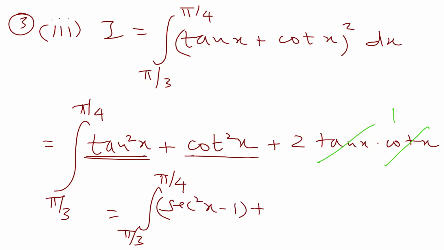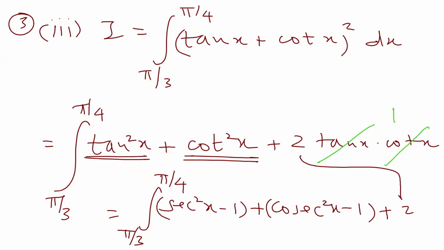Cot square x is cosec square x minus 1. Plus 2, because 2 into 1 is 2. Write all steps, leave one line.